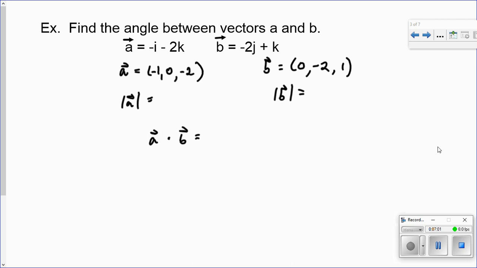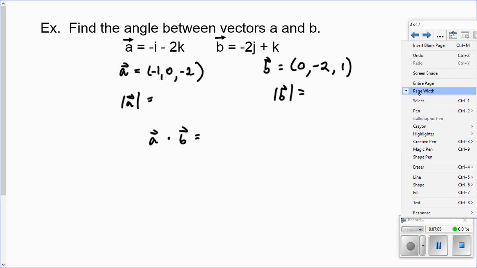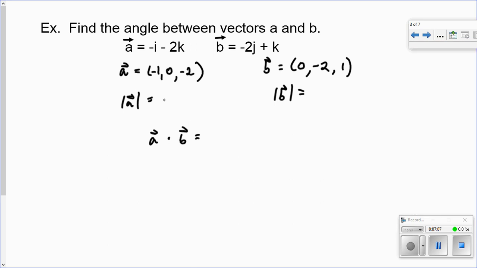Okay, so magnitude of A is √5. That's -1 squared plus 0 squared plus -2 squared, all the square root of that. And similarly, we've got a √5 here for B. A dot B will be -1 times 0 is 0, 0 times -2 is another 0, and then -2 times 1 is -2.